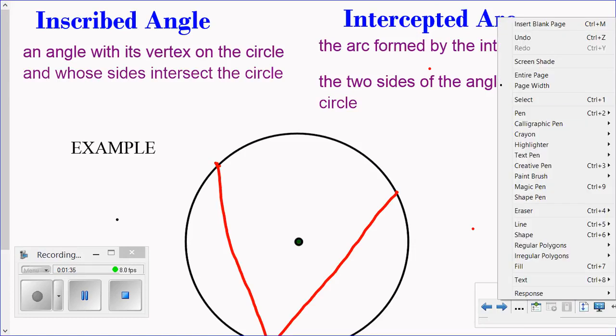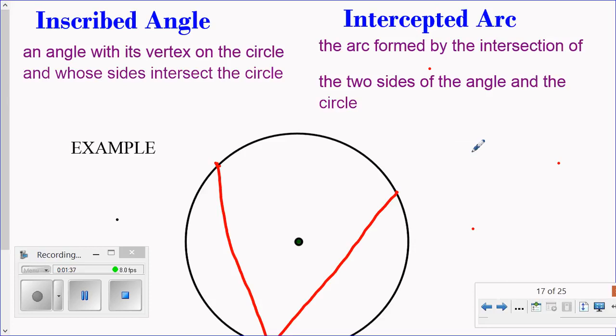If I'm looking at my example here, very similar to the intercepted arc for the central angle, same idea. In my diagram, this would be the intercepted arc of the inscribed angle.